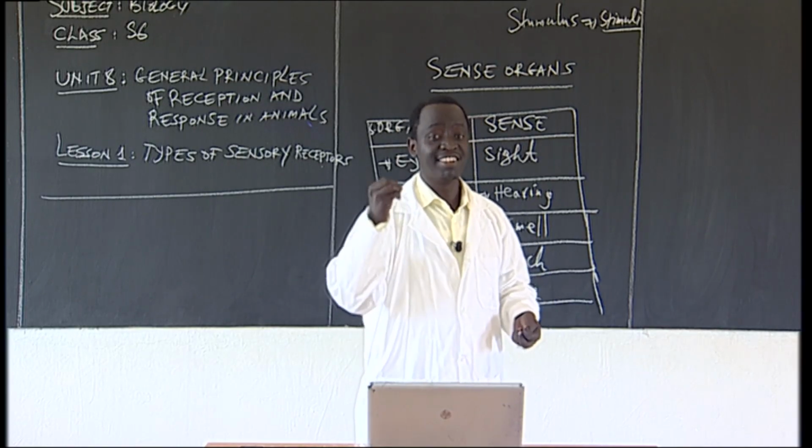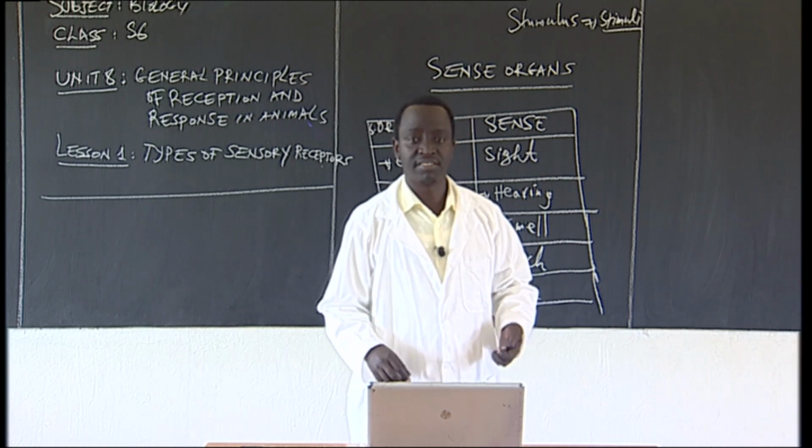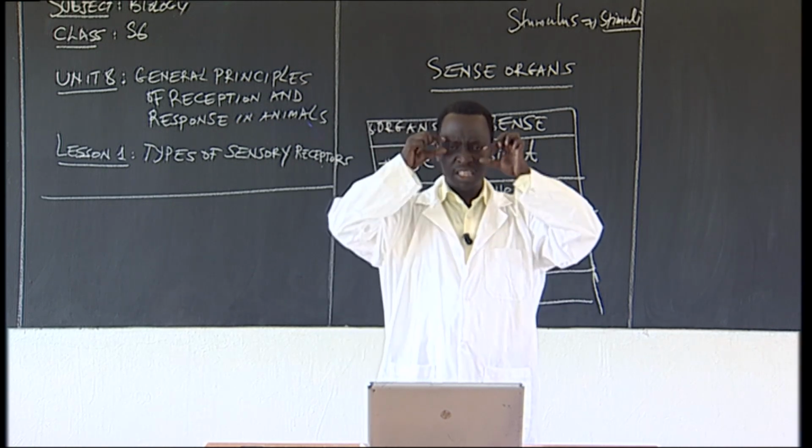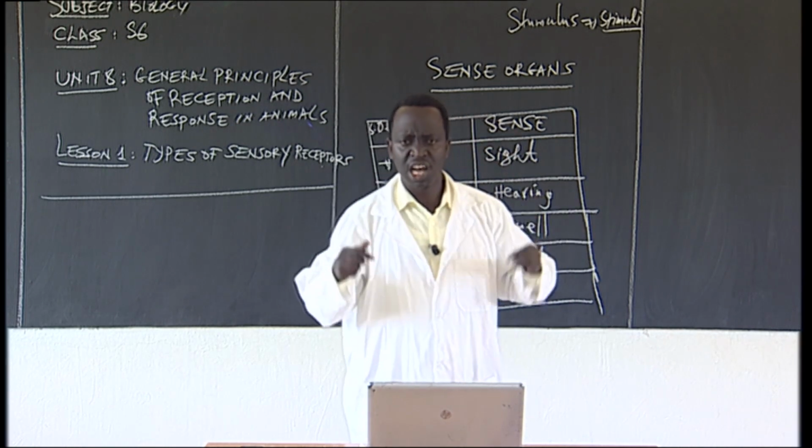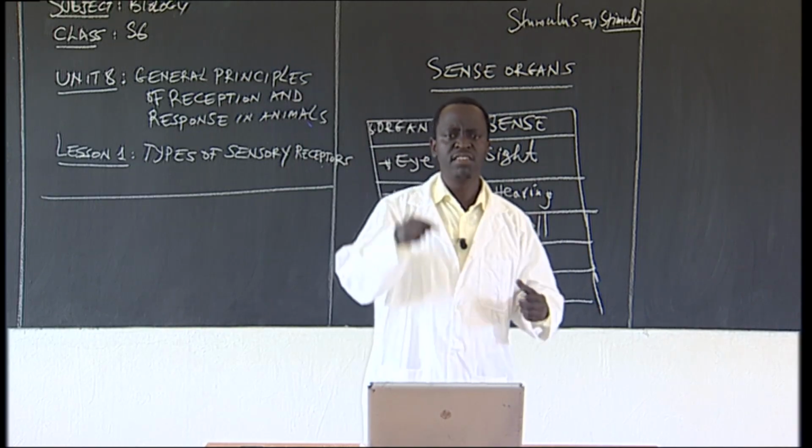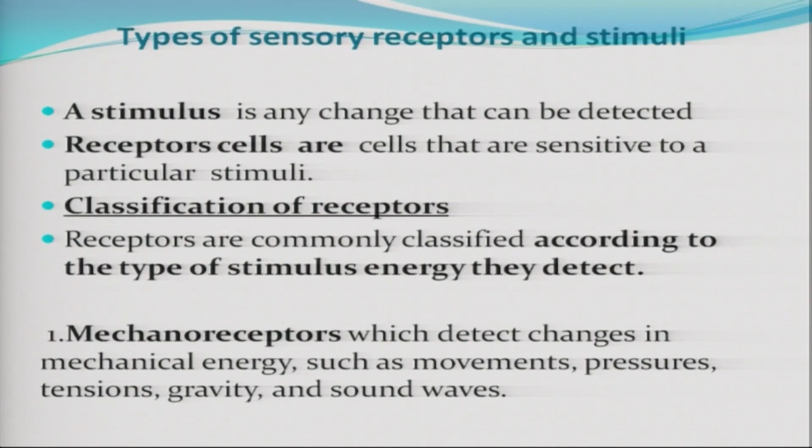They detect the stimulus which is the light. Our eyes cannot work when there is no light. Have you tried to see at night when there is no light? You cannot see. But when the light is present, we are able to see. Light is the stimulus, which can be detected by receptor cells called photoreceptors.